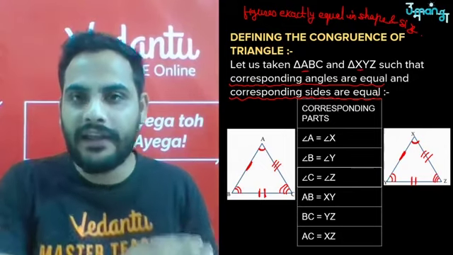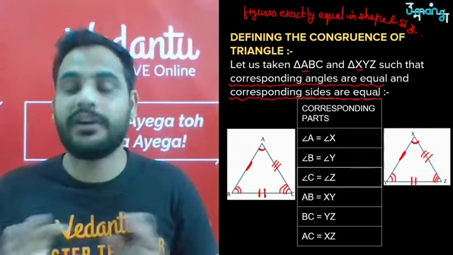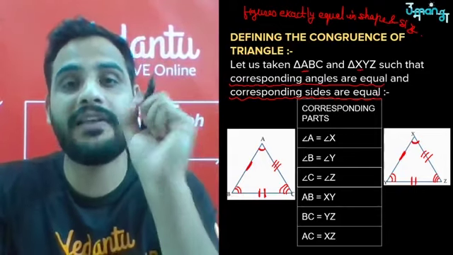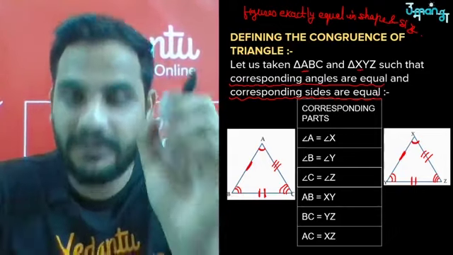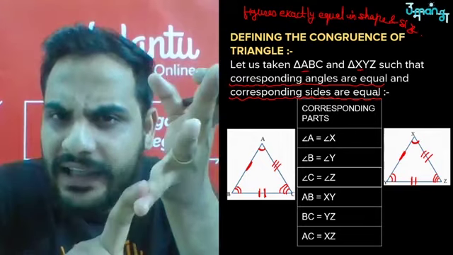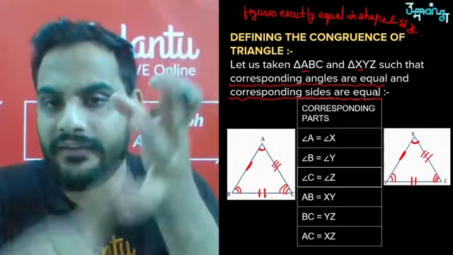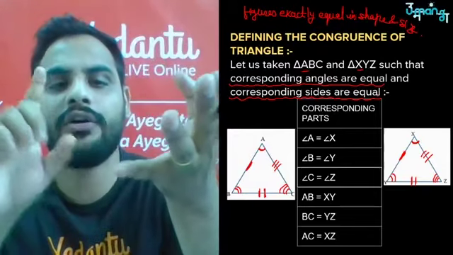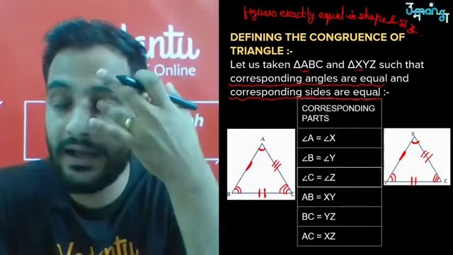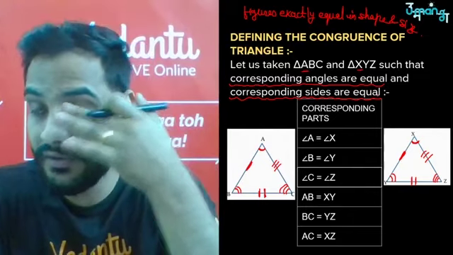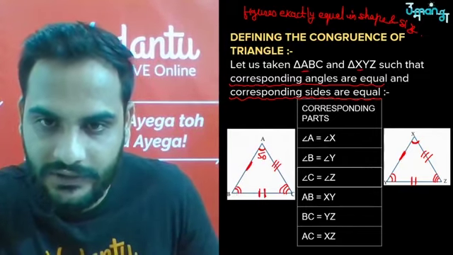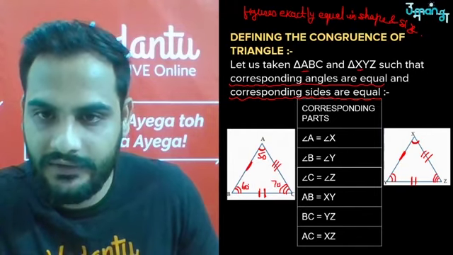If two triangles are congruent, their shape as well as size will be exactly the same. That is, all the corresponding angles are equal to each other and all the corresponding sides are equal to each other. What does it mean? Suppose the angles here are 50, 60 and 70.